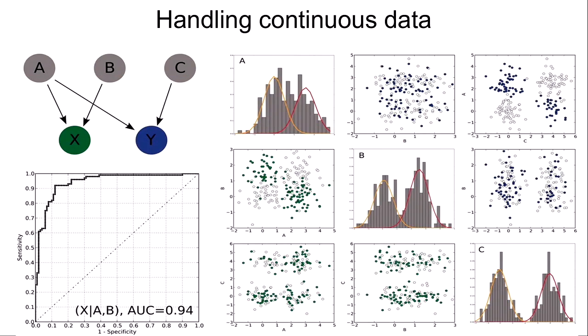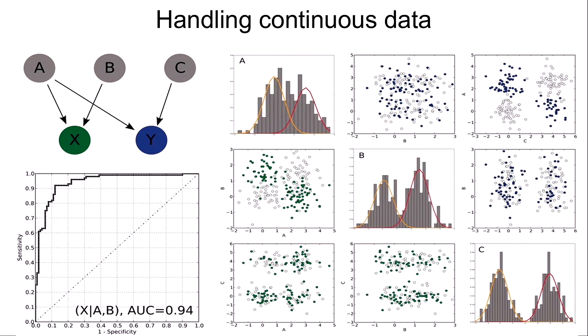So one thing BNFinder can do is it can handle continuous data, which is unusual for a Bayesian network software. And what it basically does is, so here you can see an example of a network that uses this kind of data for explanatory purposes.